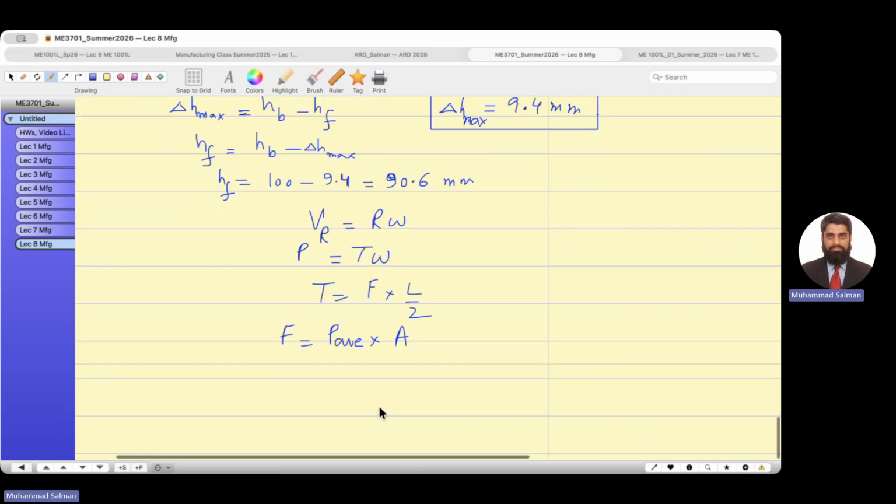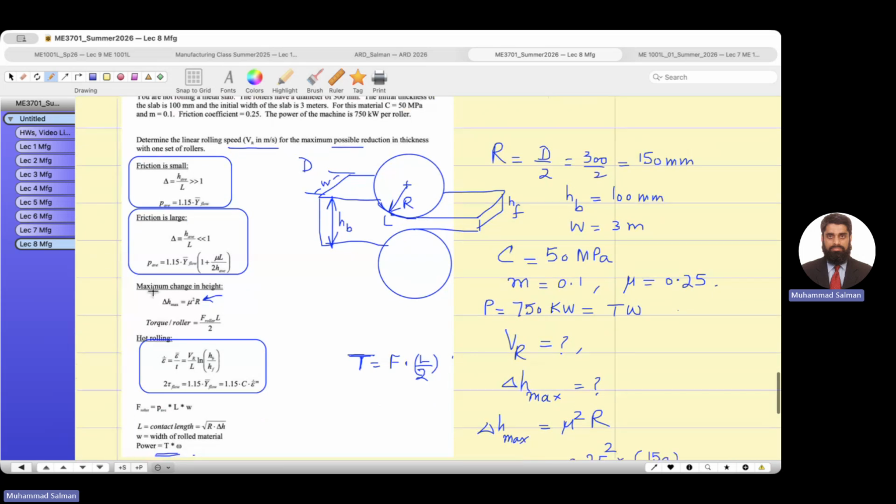Now for P average, you have two formula. Either when the friction is large, you will use this formula. When friction is small, you will use this form. For small rollers, friction is small. For large rollers, friction is large. But let's decide whether delta H average over L is greater than 1.